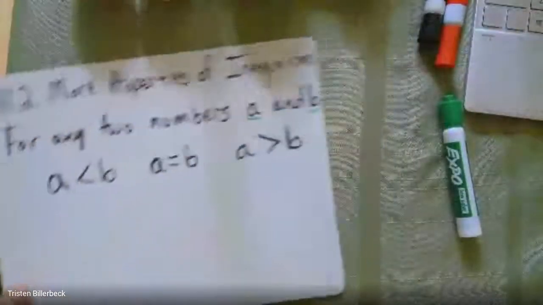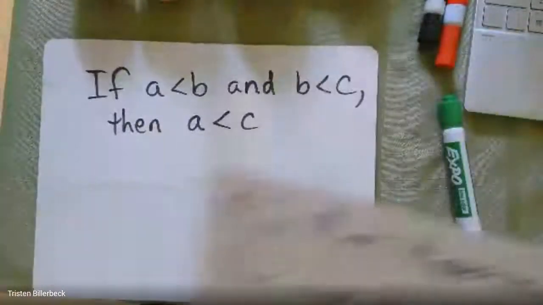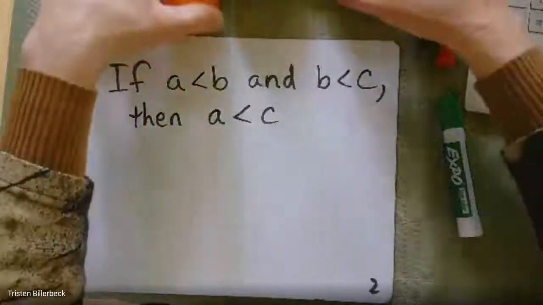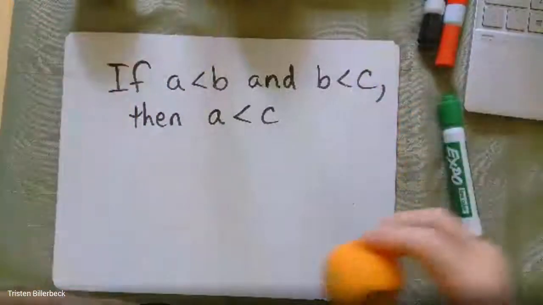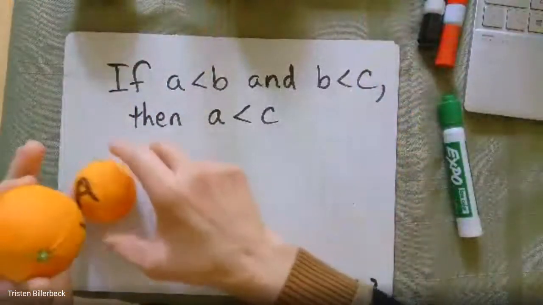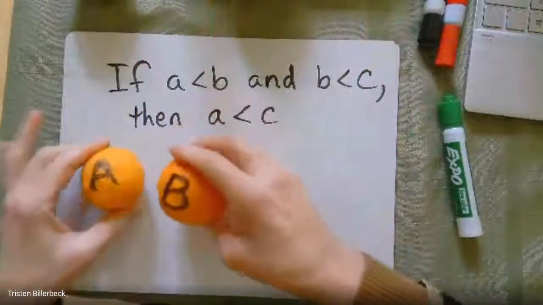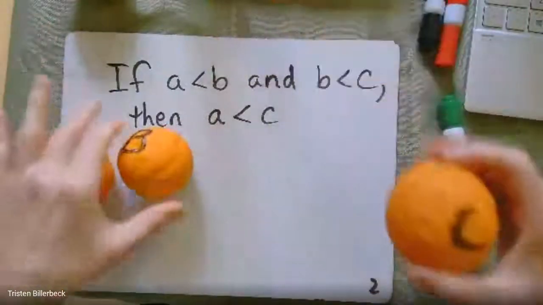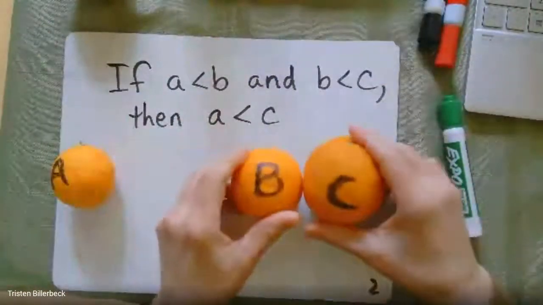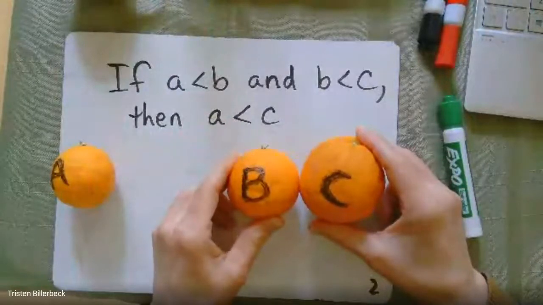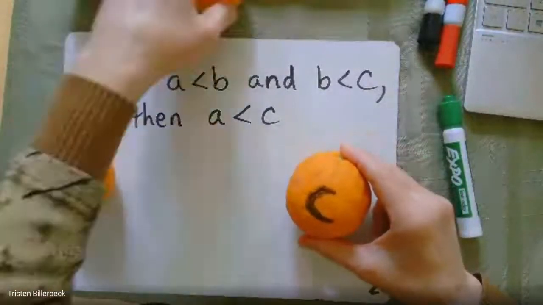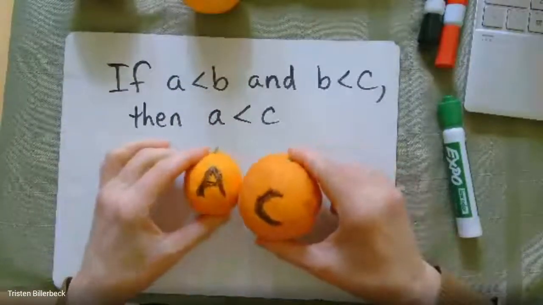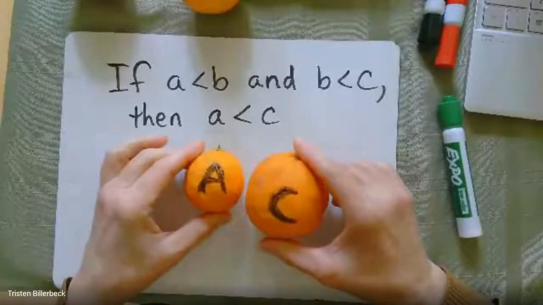All right, now let's look at this. If A is less than B and B is less than C, then that means A is less than C. Okay, let's do that again.